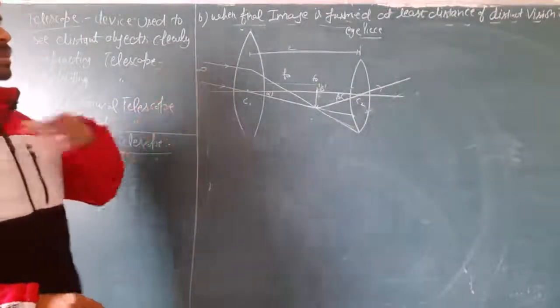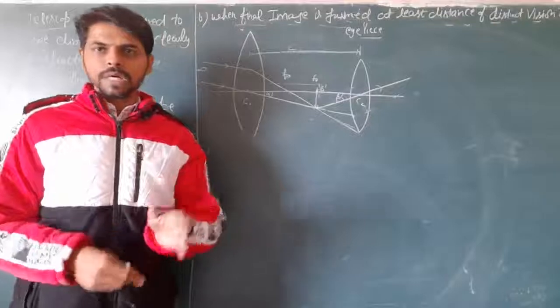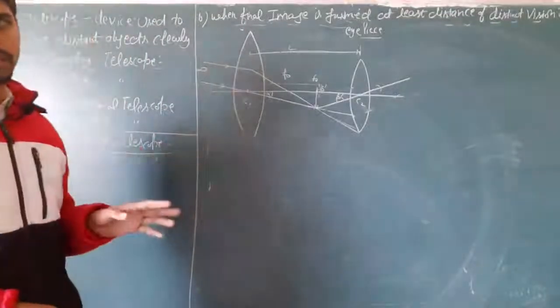Least distance of distinct vision means 25 centimeter from the eye lens. That is called the point of least distance of distinct vision.